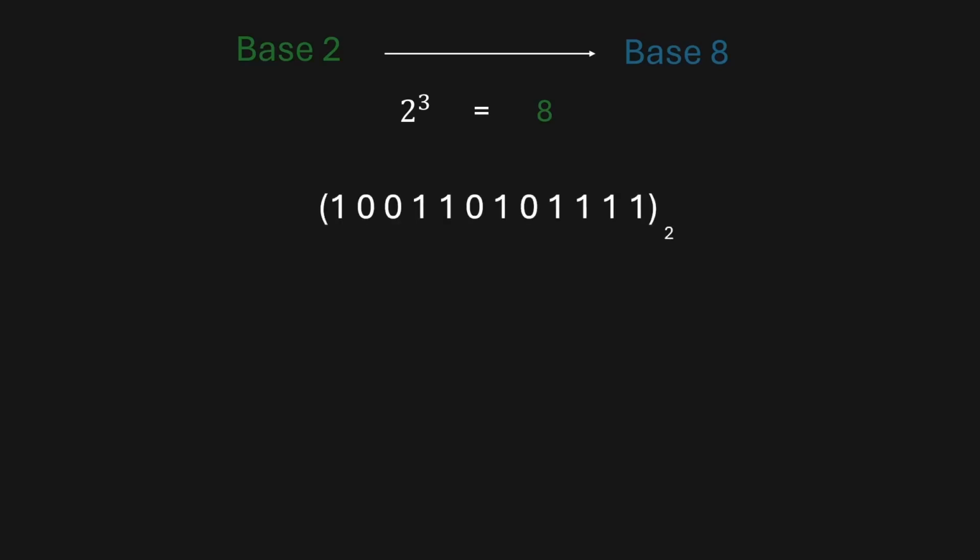So if I have a representation in base 2, for example 100, 110, 101, 111, converting this number to base 8 is done by separating the bits into groups of 3 and converting them to base 8. The first 3 bits become 7, the next 3 bits become 5, the next 3 bits become 6, and the last 3 bits become 4. And the correspondences can be represented in this way and likewise in reverse.